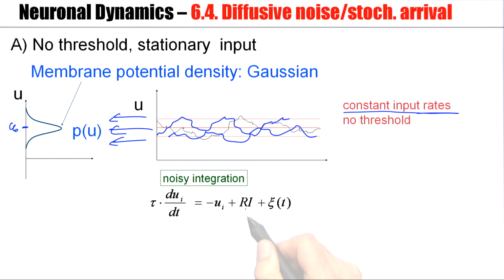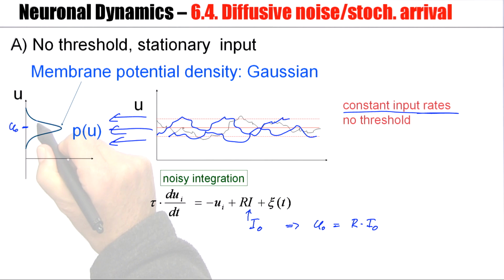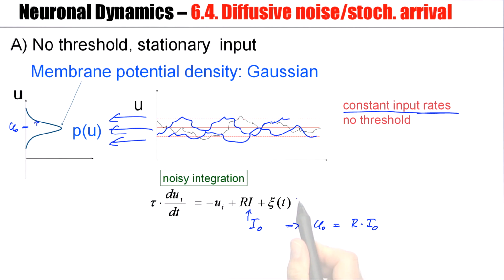So, for constant input, this mean value, u0, would just be r times I0, and the width of this Gaussian distribution is controlled by the amplitude of the noise signal here.